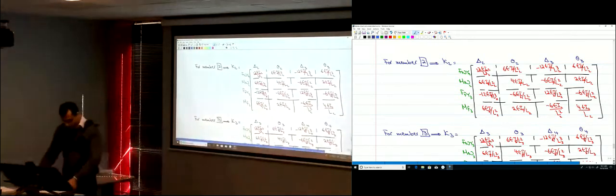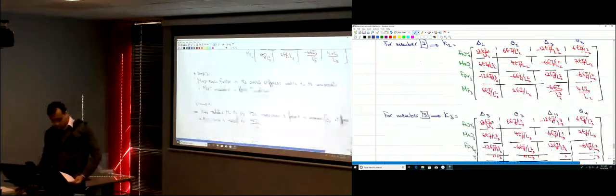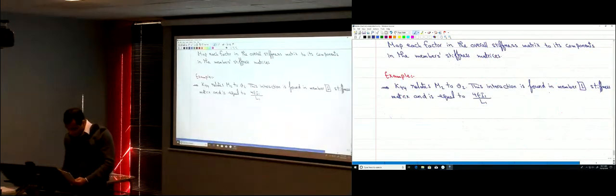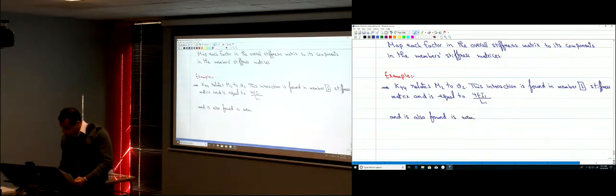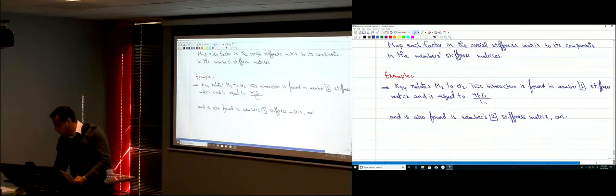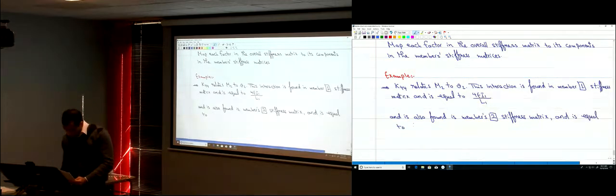So it's also found in member 2 stiffness matrix and is equal to 4EI2 divided by L2.